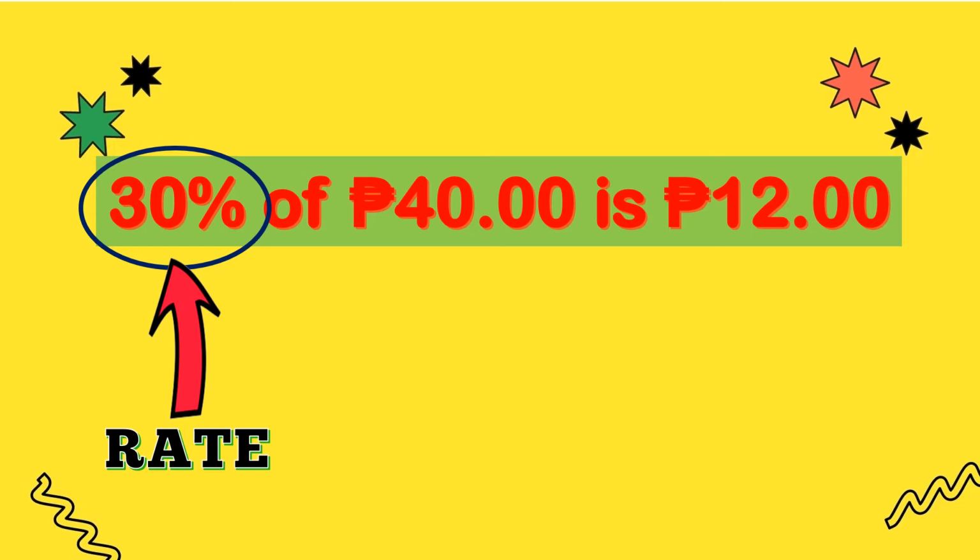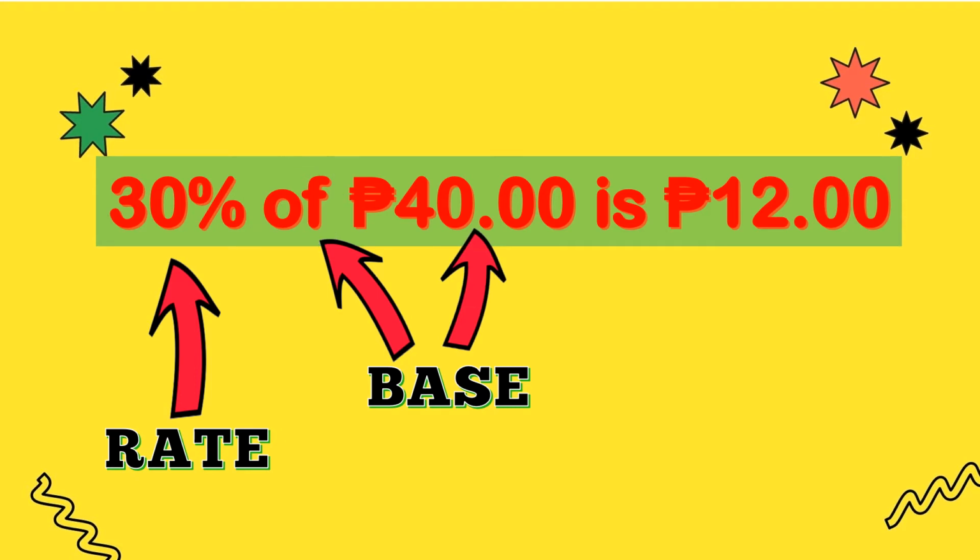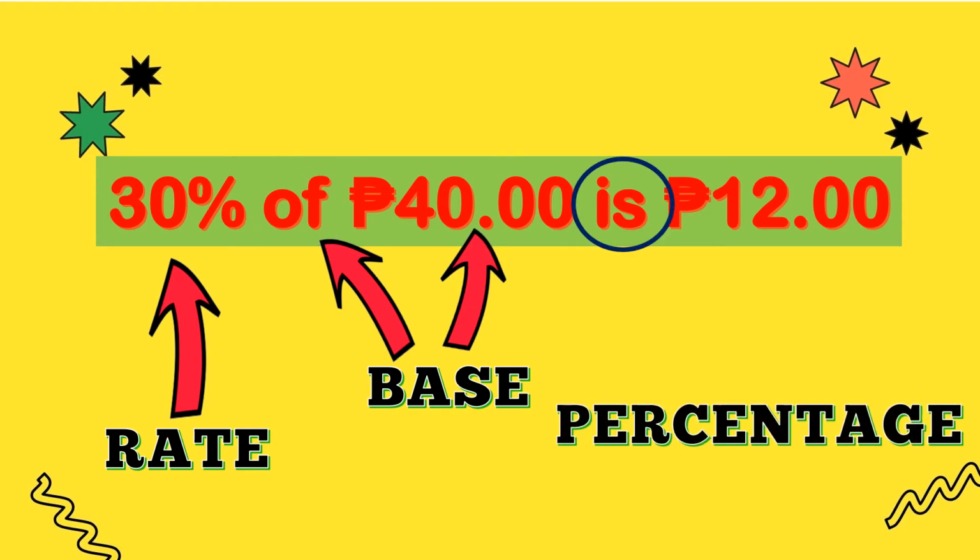Remember the keyword "of" to recognize the base. The base comes after the word "of." And take note also of the "is" to identify percentage. "Is" can be before or after the percentage.